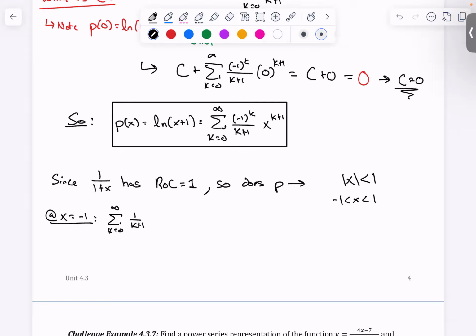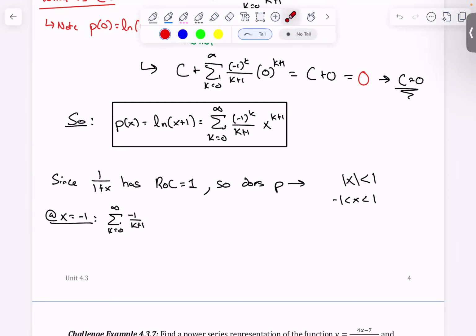Make sure you understand how I got that. Because when I plug in -1, I'm going to get -1 to the k times the -1 to the k plus 1. That's really -1 to the 2k times a -1.